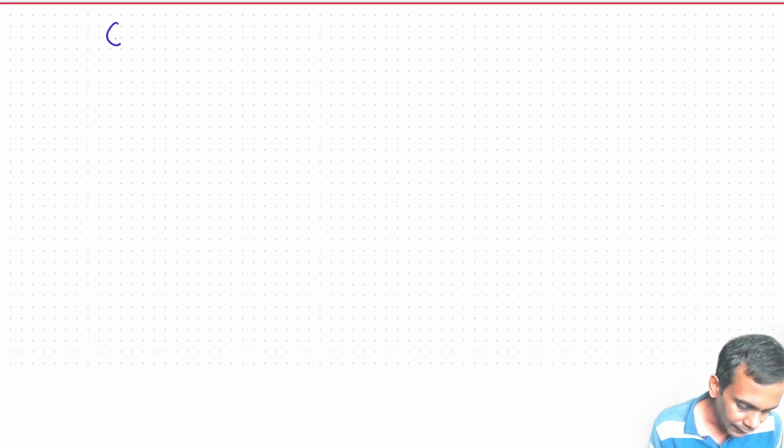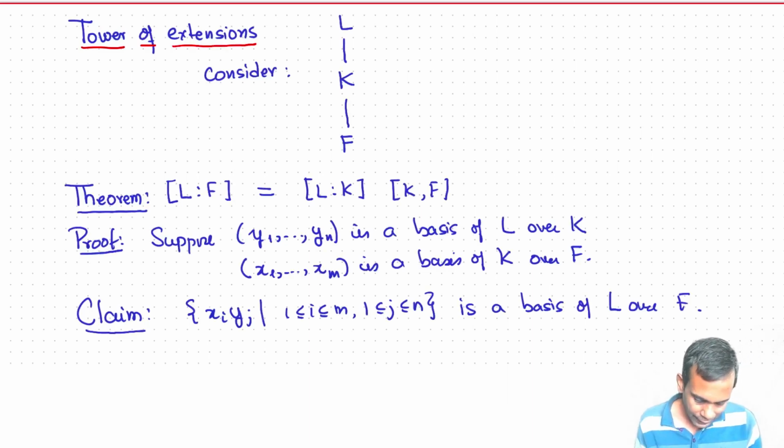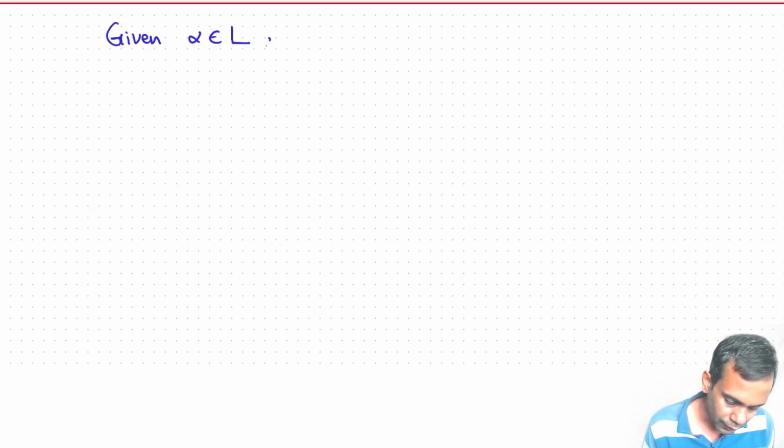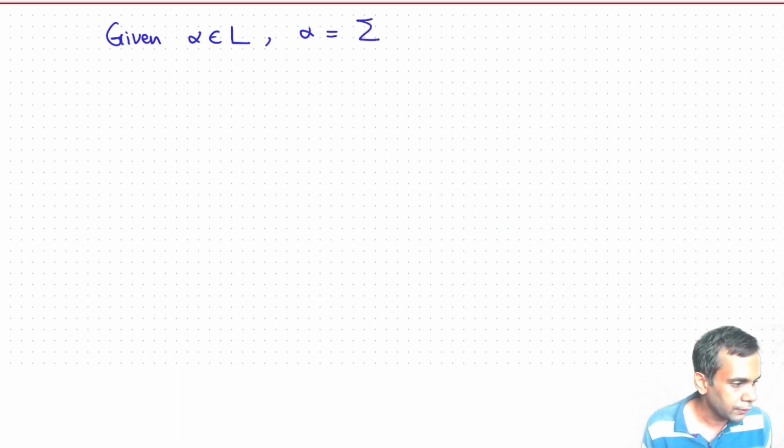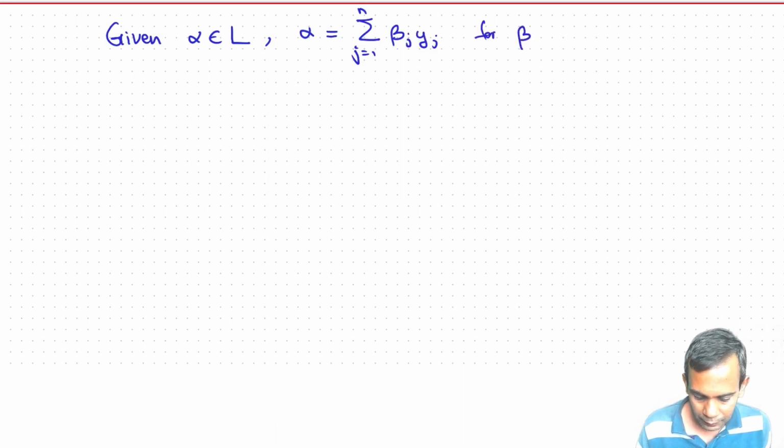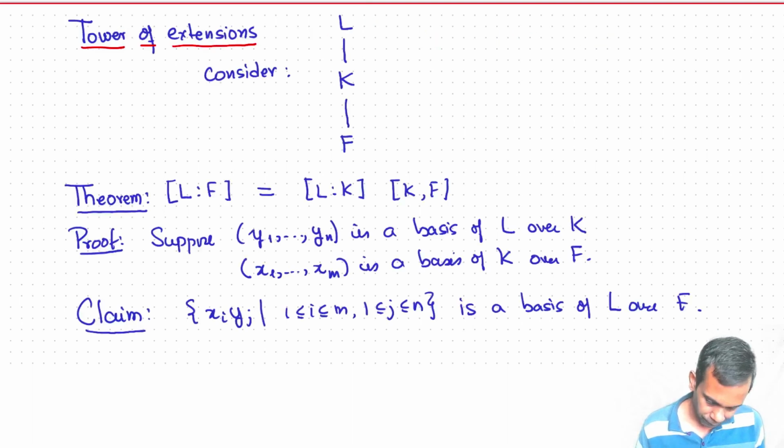So given alpha in L, alpha is an element of L and we have a basis of L over K. So we can write alpha in terms of the y1, y2, up to yn with coefficients in K. So alpha is equal to the summation j goes from 1 to n of beta j yj for some elements beta 1 up to beta n in the intermediate field K.